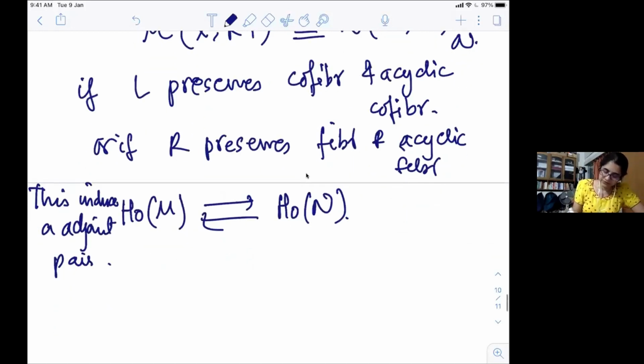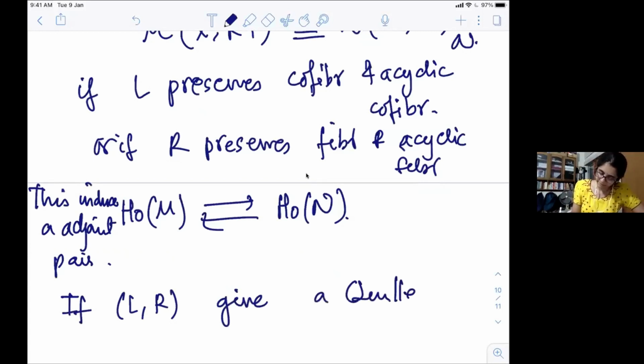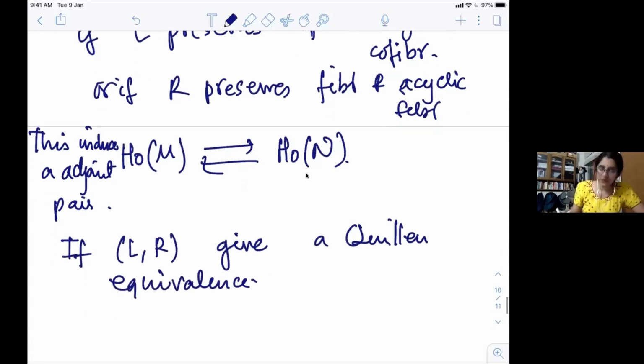And further, if L and R give a Quillen equivalence, and I'll tell you what it is in a second. So this just means that if X to Ry is a weak equivalence, or, sorry, I should make sure my direction is correct. One second.